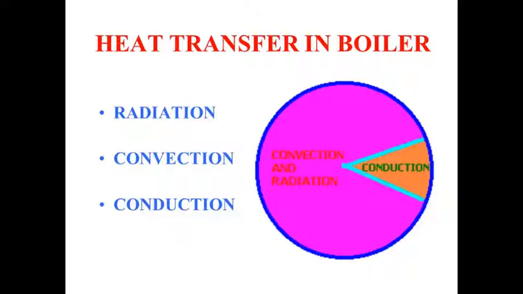In fact, radiation heat transfer is predominant because the coefficient of heat transfer in radiation is the maximum. So naturally it is more effective in the luminous zone of the furnace. In the non-luminous zone, the second pass, we have convective heat transfer.